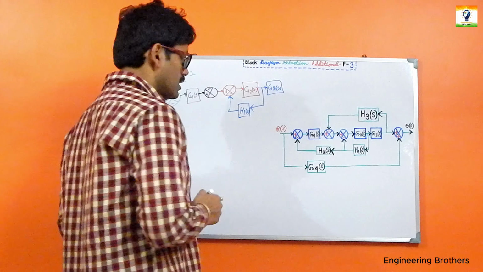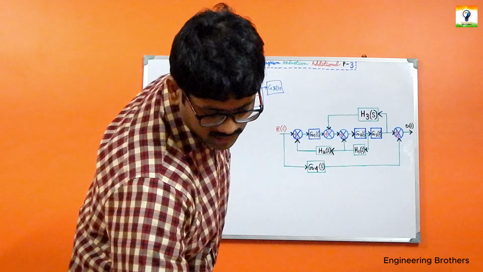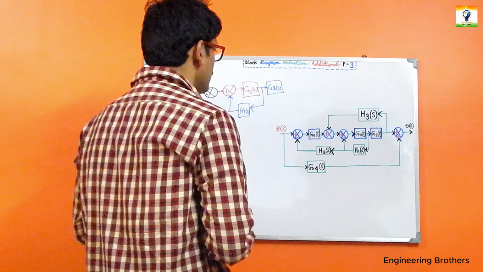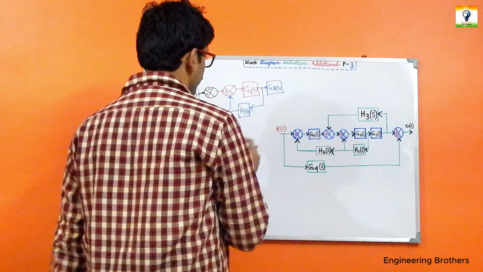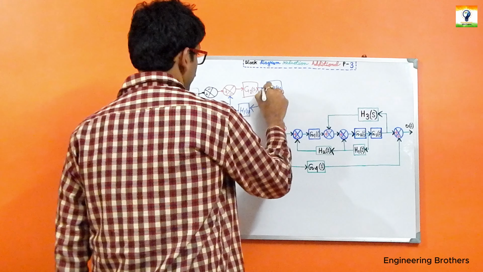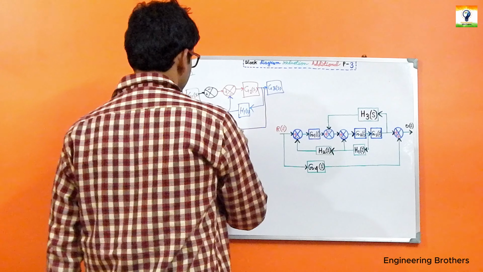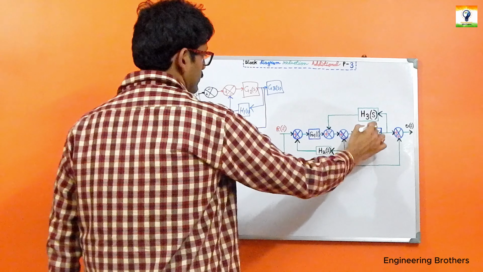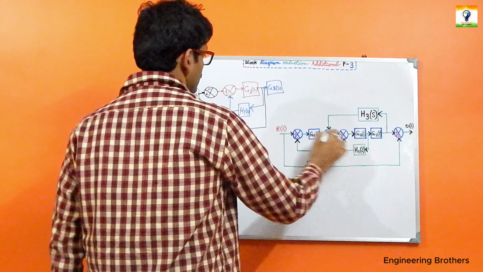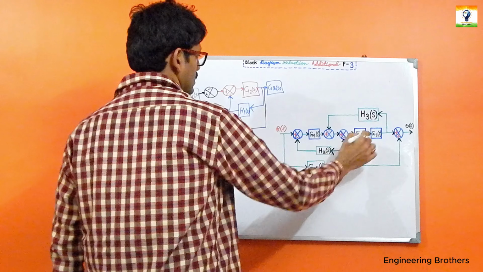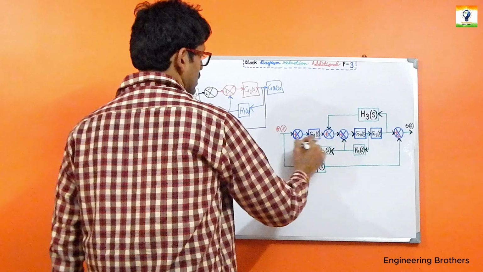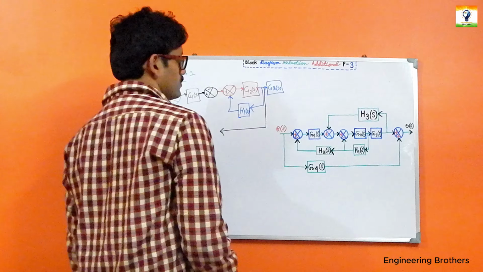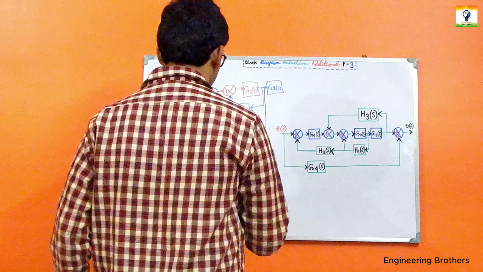Now consider the other path. What is the gain for that path? The gain for that path is H1(s) multiplied by H2(s). Following this path only H1(s) will be there, and following the other path the overall gain is H1(s)H2(s).